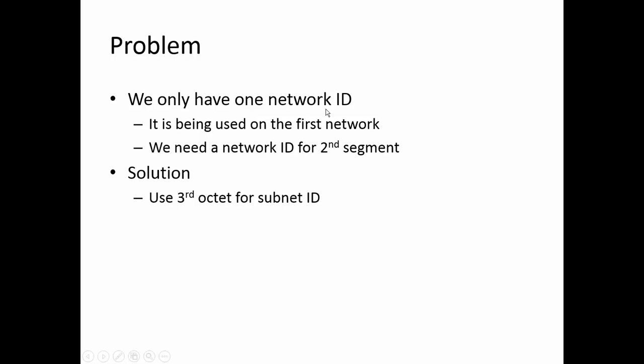The problem is we have only one network ID, and we're already using it on the first network, and we need a network ID for the second network. And the solution is subnetting, where we use the third octet for subnet ID.